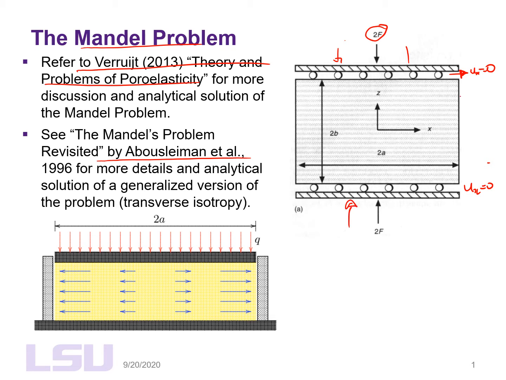Then you allow fluid to flow out on both sides. And you can perform this experiment, compare the results with the analytical solution, and also compare that with your numerical simulator. One of the most common problems to validate coupled flow and geomechanics simulation.